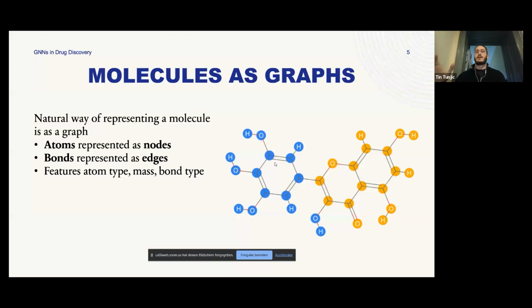So basically, we represent those molecules with respect to their atoms and bonds as nodes and edges. Then they can also include some kind of features, both for the nodes and the edges. Nodes can be, for example, atom type, mass, and for bonds, bond type, or if you want to have a 3D graph, which is also a possibility, then you would have distances or displacements of various kinds.